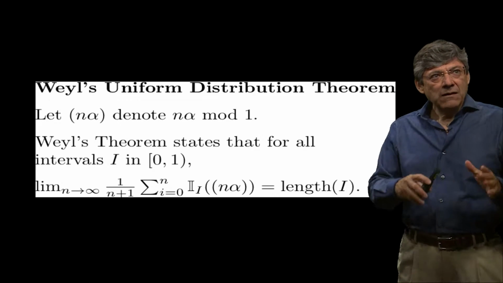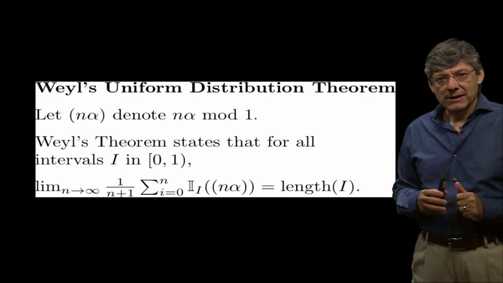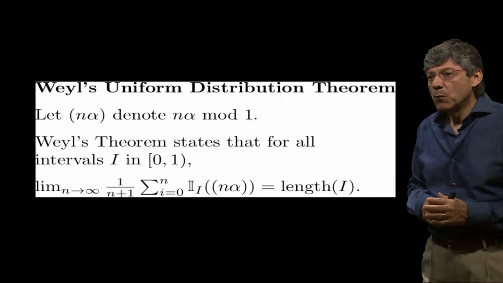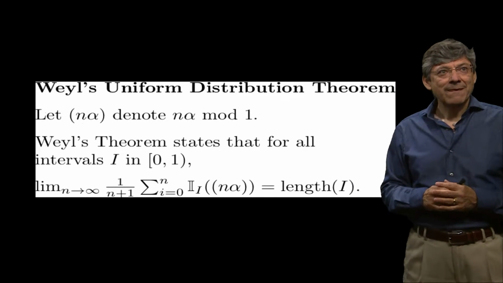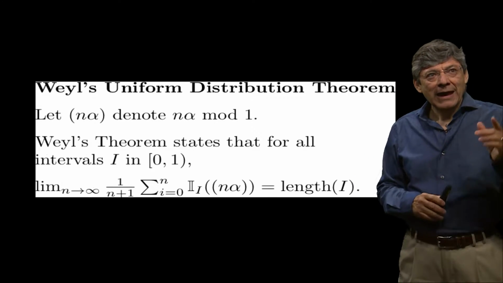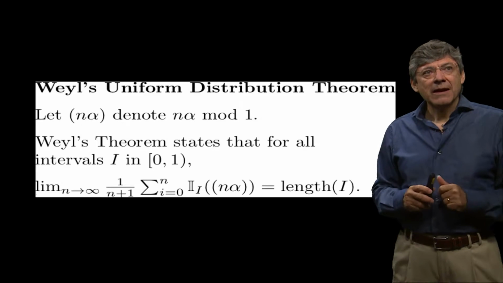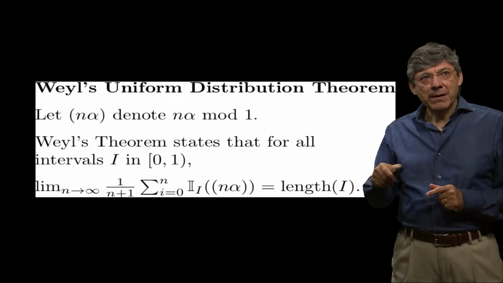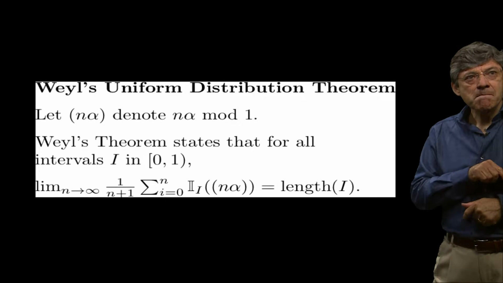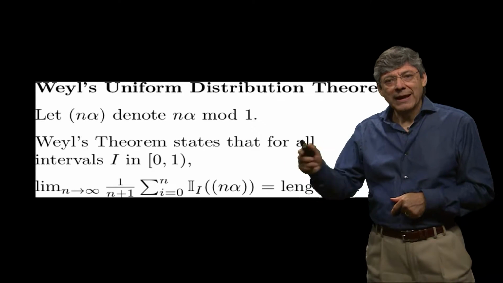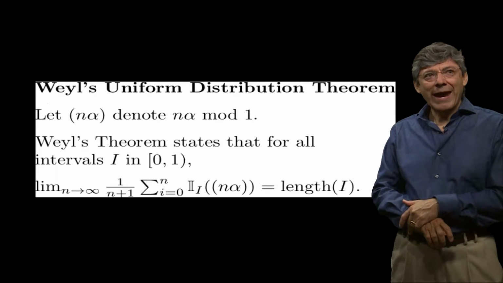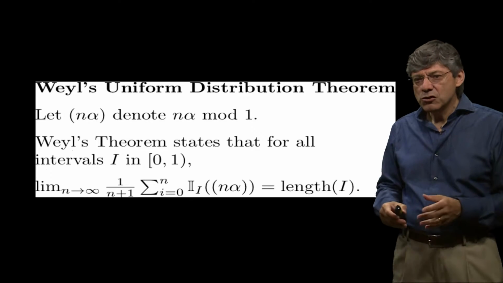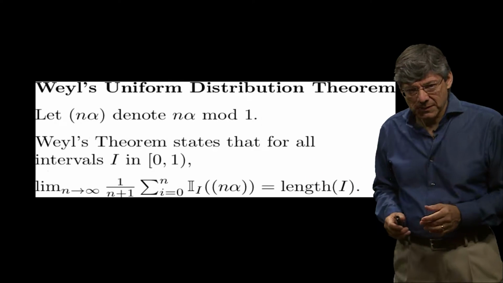If n alpha in brackets denotes n alpha modulo 1, then for any interval I, the frequency of appearance of n alpha in I is equal to the length of I. So n alpha is uniformly distributed in the unit interval.